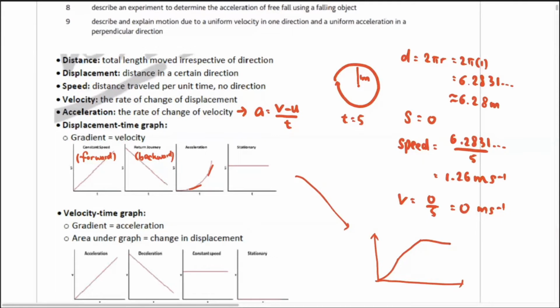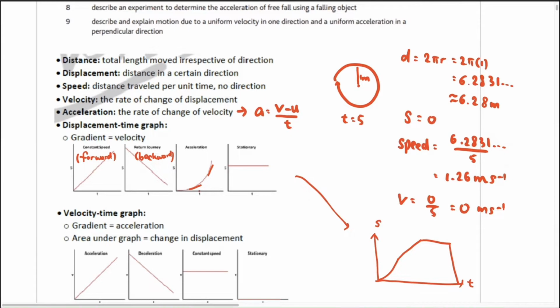Okay, so for this curve, you have to know it is acceleration. For this straight line part, constant velocity. So that means it moves faster and faster until a particular speed, then it remains at the same speed. And then after that, it stops and then goes back with constant velocity. So they may put a few of these types together, and they ask you to calculate something or find something.